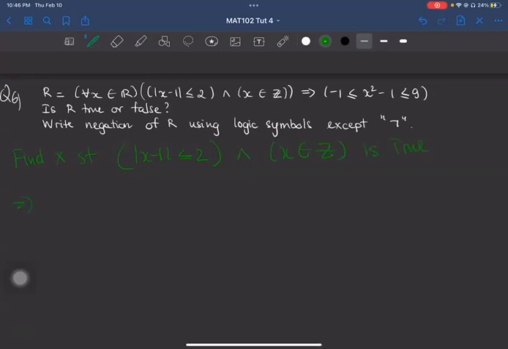which means this one is equivalent to find all integers x such that the absolute value of x minus 1 is less than or equal to 2.